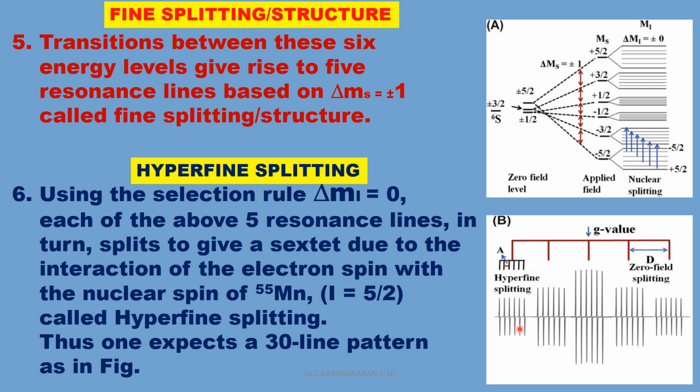Therefore, 5 into 6, there are 30 lines observed in the EPR spectrum when D is greater than A.